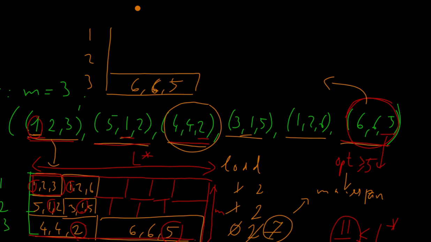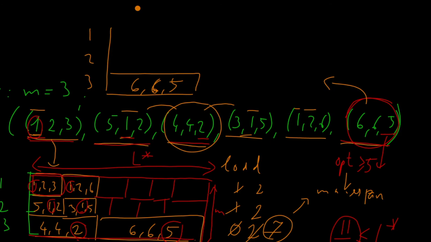So basically this is 1, this is 1, this is 1, and this is 1, but this one is only 2. So I have to pair this job with either this one or this one.